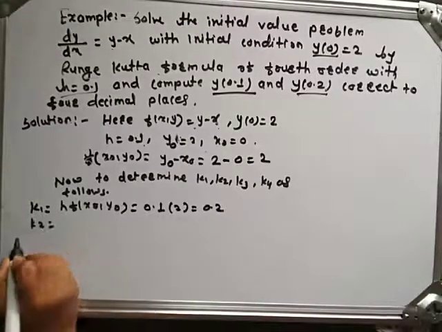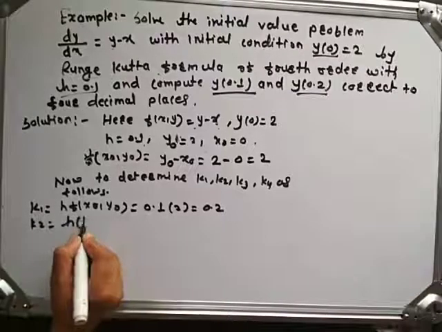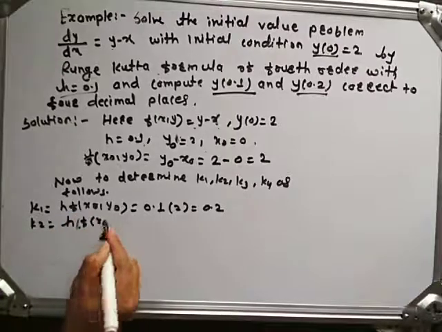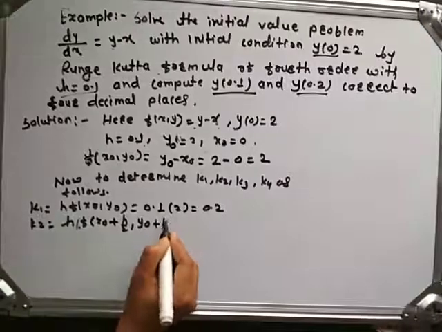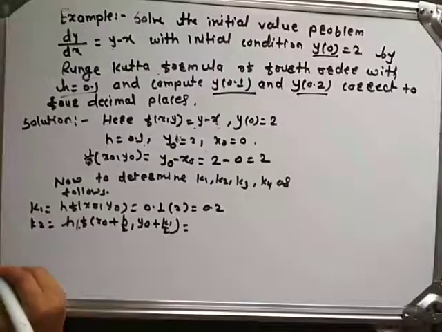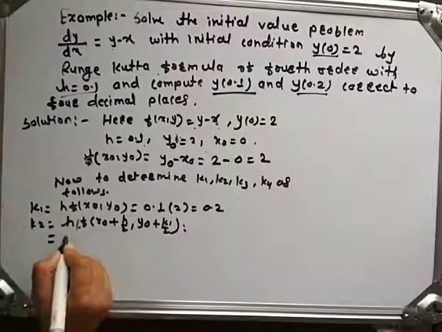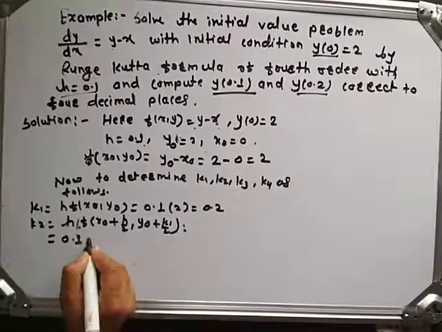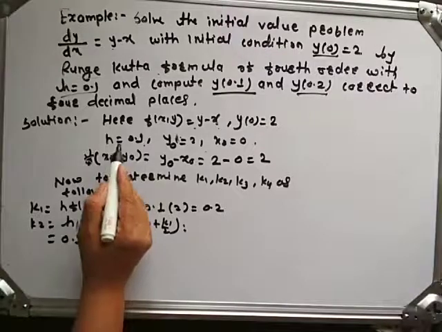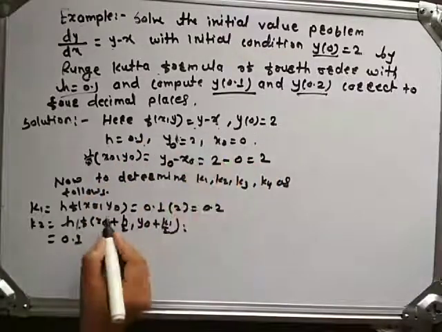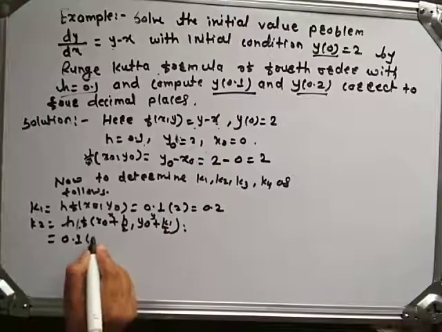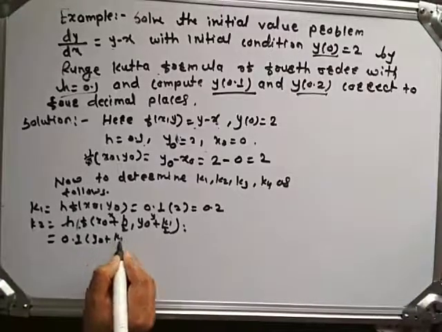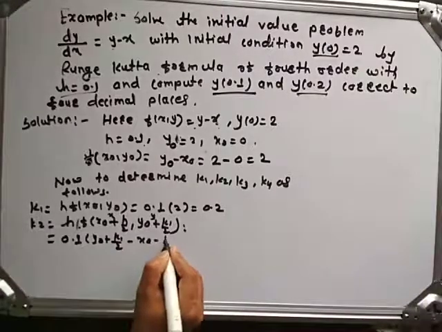Now k2 is h into f of (x0 plus h by 2, y0 plus k1 upon 2). This is equal to h, which is 0.1, into f of, and what is f of (x, y)? y minus x. So this becomes (y0 plus k1 upon 2) minus (x0 plus h by 2).